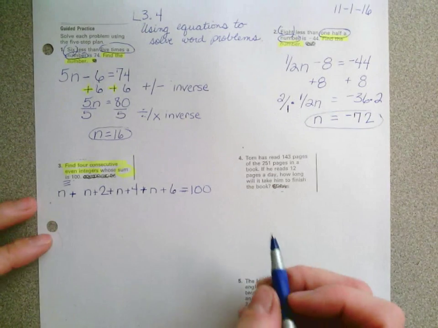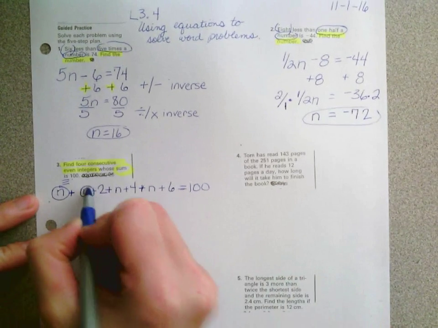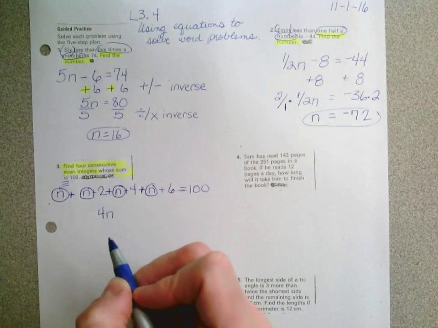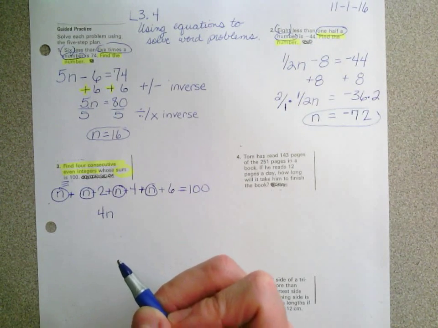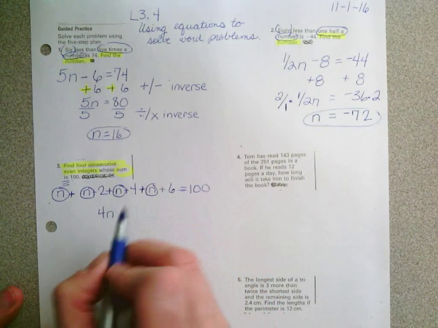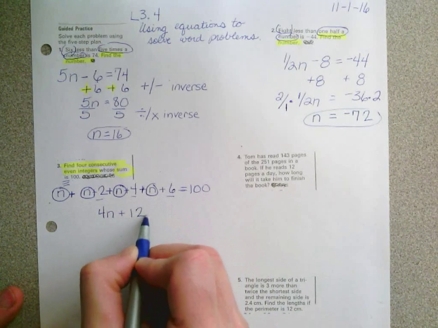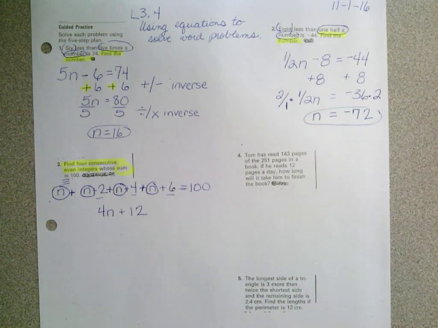So after you combine your n's, you have 4 n's. And now you can add your numbers together. You have 12. You cannot combine 4n with 12 because 4n is a variable, 12 is a constant.